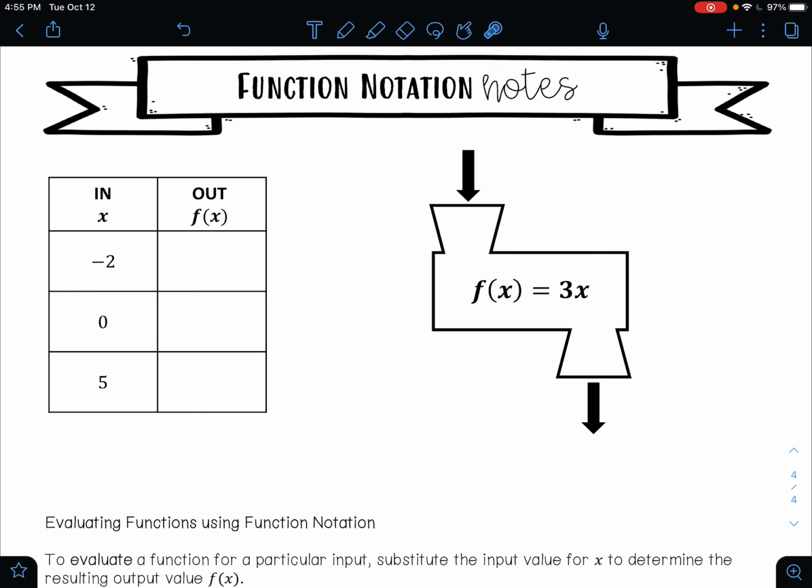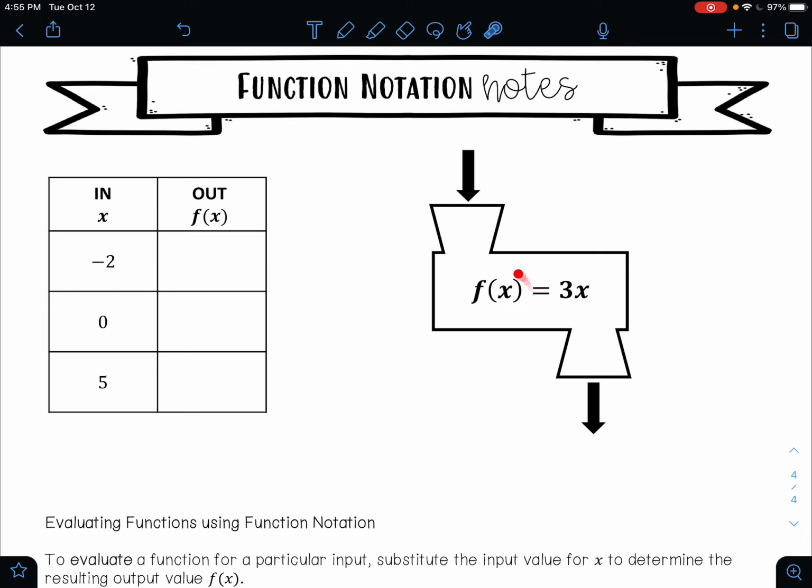That's all a function is. You put something in and something else comes out, just like a vending machine. If I was going to the vending machine for chips, I would put my money in the machine, I would tell it the location of the chips that I wanted, and then the chips would come out of the machine. That's all that is happening here.